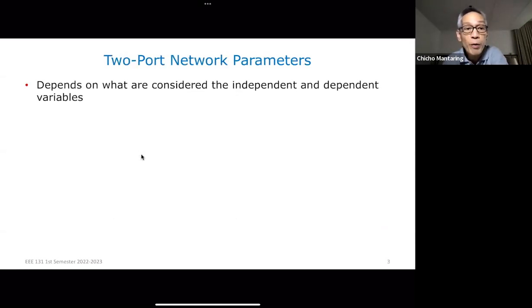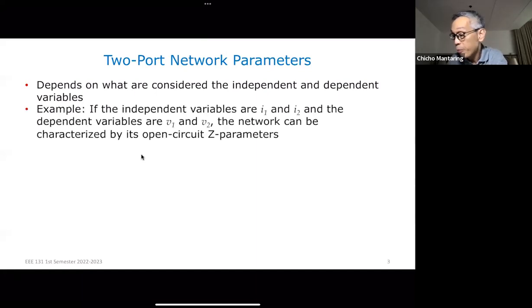Okay, now the two-port network parameters depend on what are considered the independent and dependent variables. So, for example, if the independent variables are I1 and I2, and the dependent variables are V1 and V2, we say the network can be characterized by its open circuit Z parameters. Let me expound on that further.